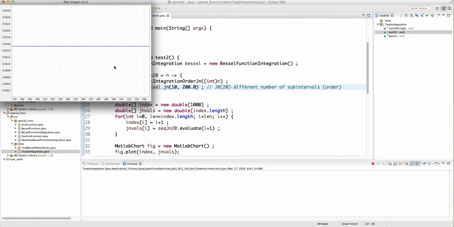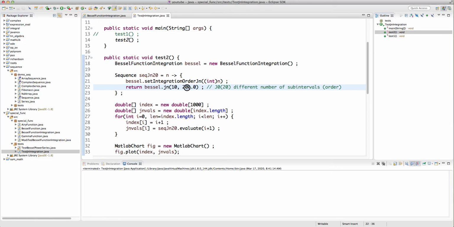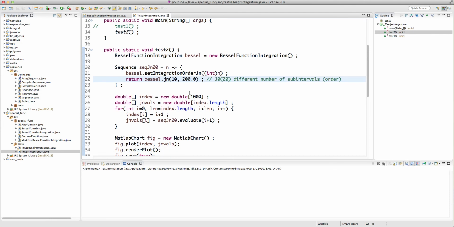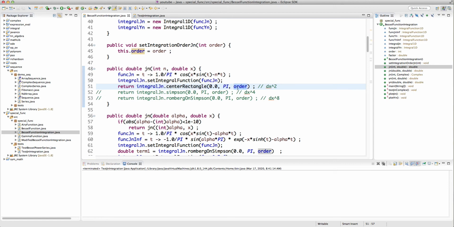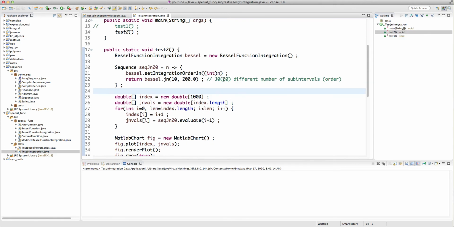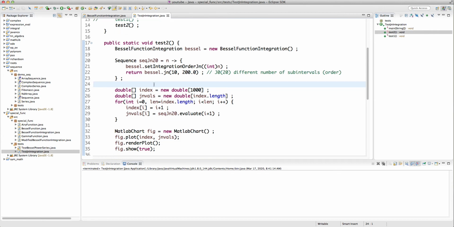So what we can do, we can divide the evaluation into separate regions, x between 0 and let's say 50, x between 50 and 200, and x greater than 200. And based on that, we can set the order of integration, this number of subintervals. That can also be some sort of optimization in terms of the efficiency of numerical calculation.